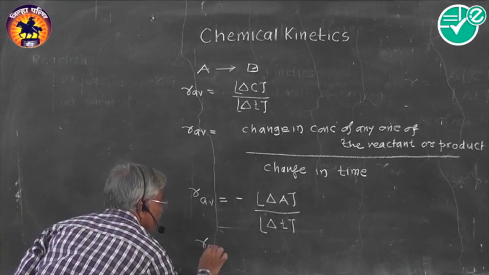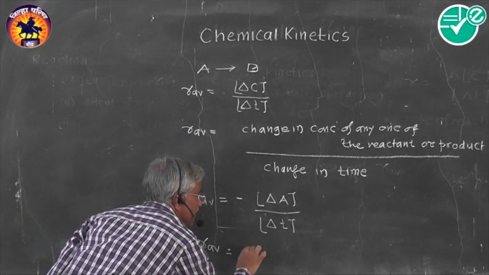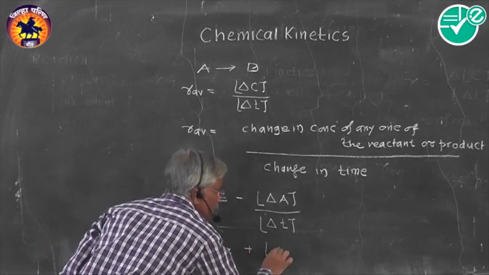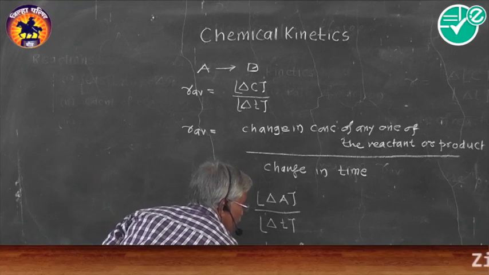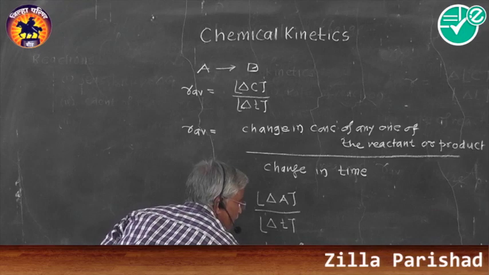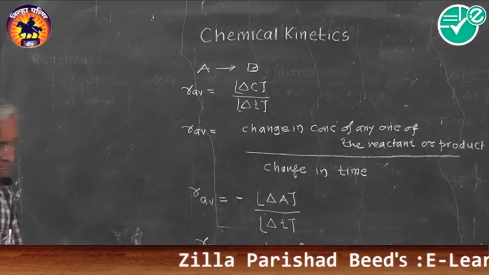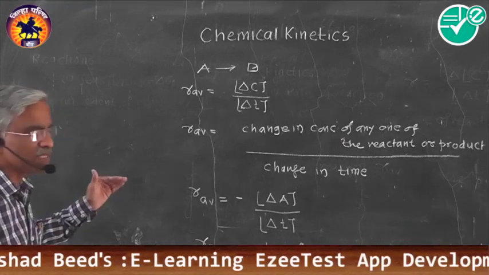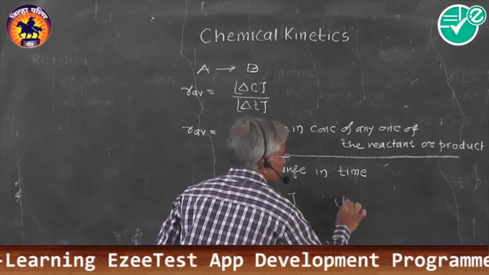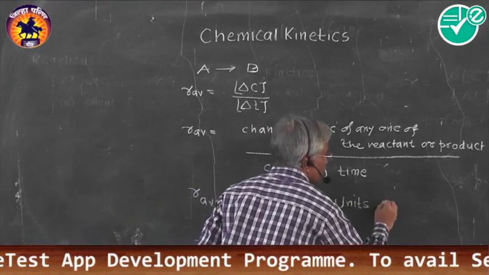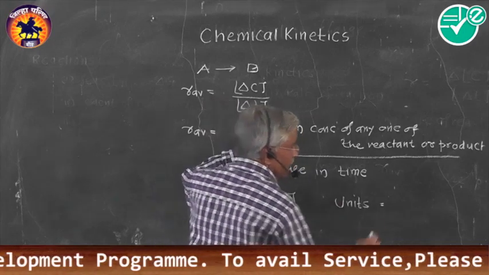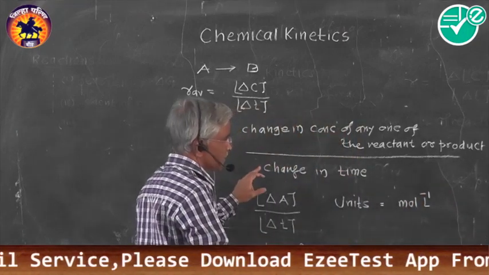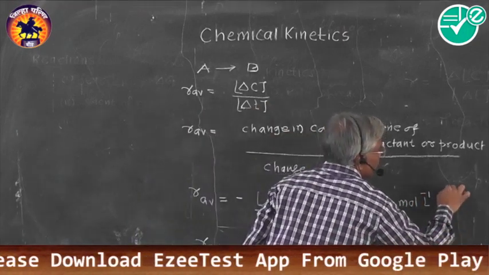Now in terms of product, the rate average is indicated as, I will not write plus, but for understanding we can write the change in concentration of a product B with respect to change in time. So this way we can express the average rate of reaction. Now the units of rate of reaction are equal to the change in concentration, which is number of moles per liter, and the change in time, which I can write as time raised to minus 1.